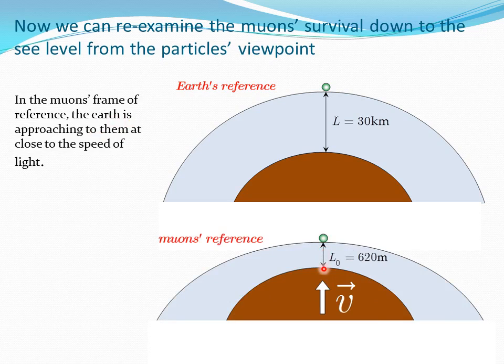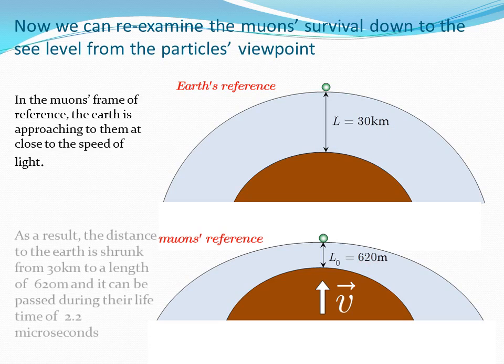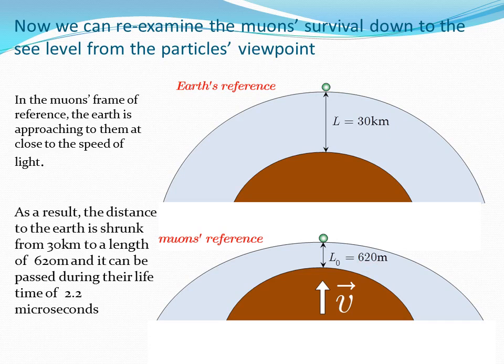Therefore, there is a length contraction effect that changes the distance between muons and the sea level from 30 kilometers to 620 meters. As a result, since the distance to the Earth is shrunk, it can be easily passed during their very short lifetime of 2.2 microseconds.